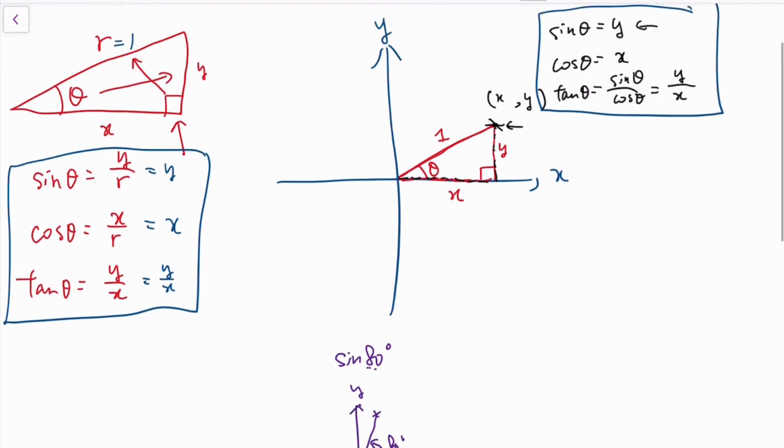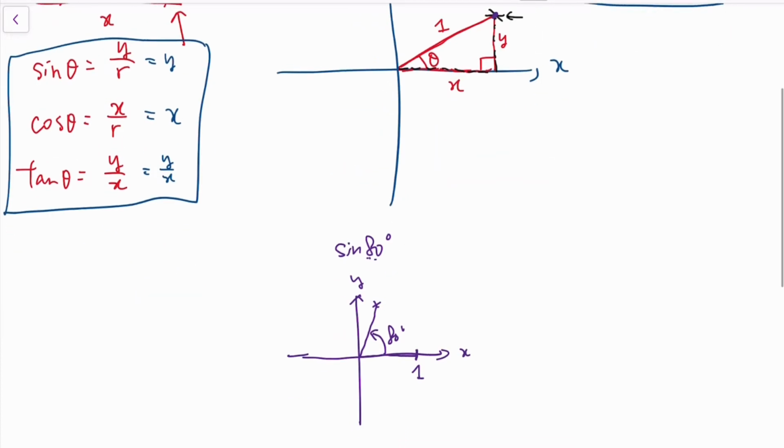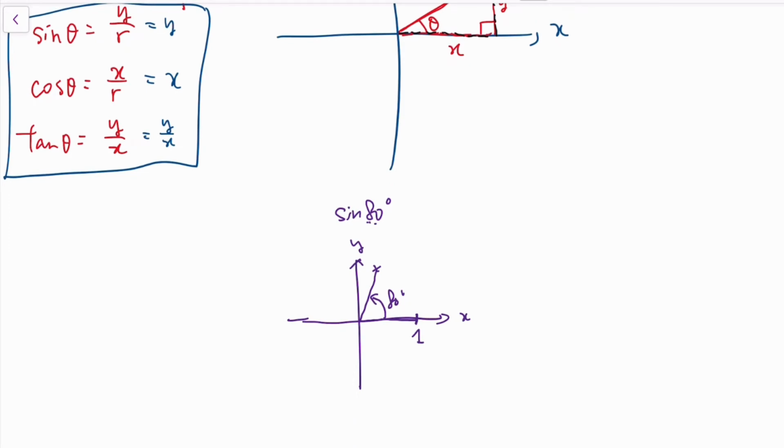And according to this, we just look at this endpoint, and sine of the angle is the y coordinate of that point. So for this point, you look at the value of the y coordinate, and whatever that is, that's the value of sine 80.